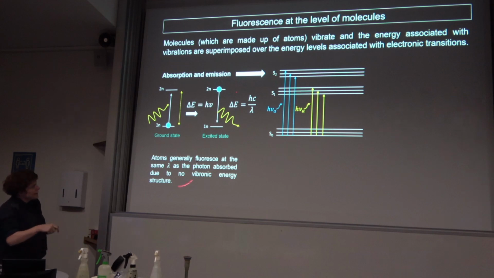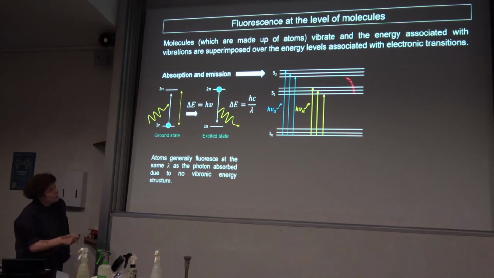In the case of an atom, when it absorbs a photon, if that atom is capable of fluorescence, then the photon that it emits usually has exactly the same wavelength, because there's no vibronic energy structure.